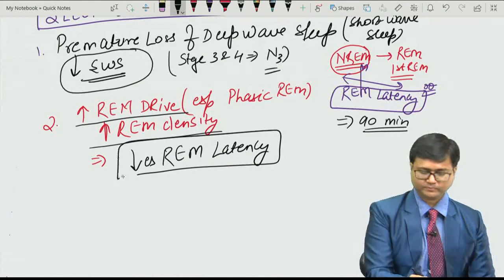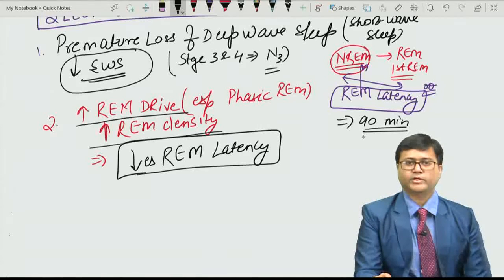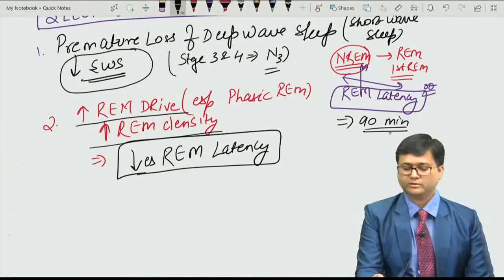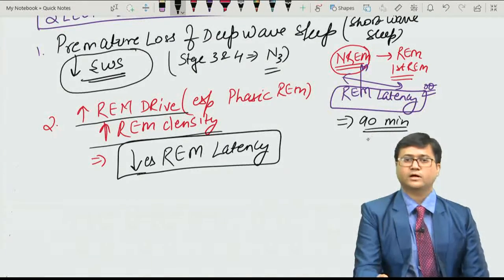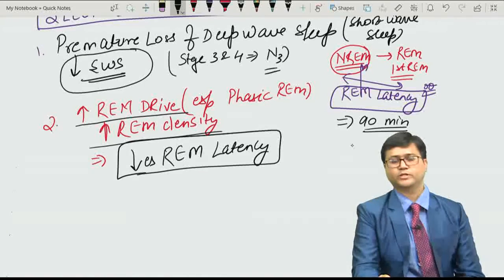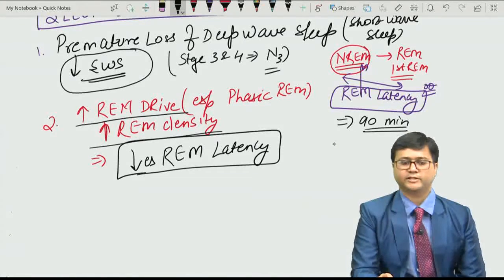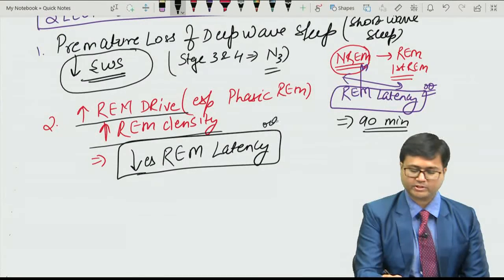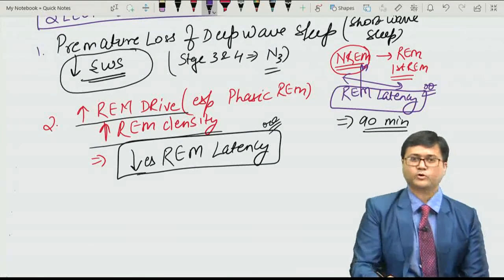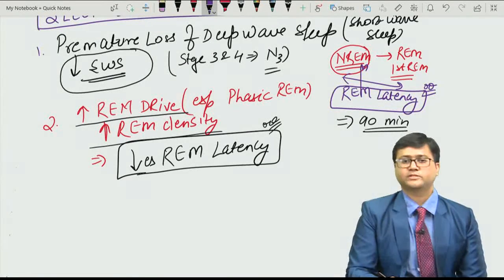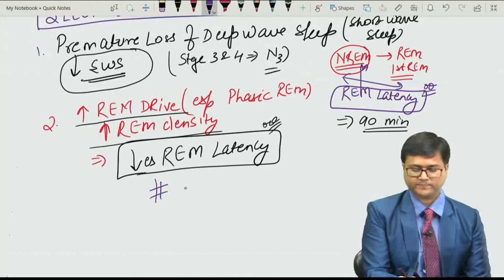So this means that when the NREM starts, the first REM occurs before 90 minutes. So there is a decrease in the REM latency, very important, which occurs in depression. Another important disorder where REM latency decreases is narcolepsy.